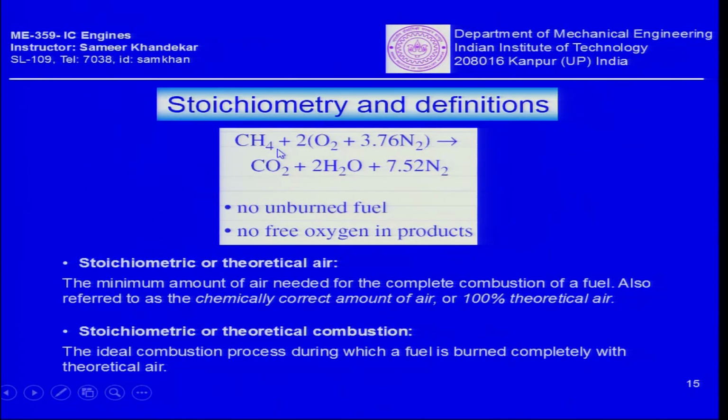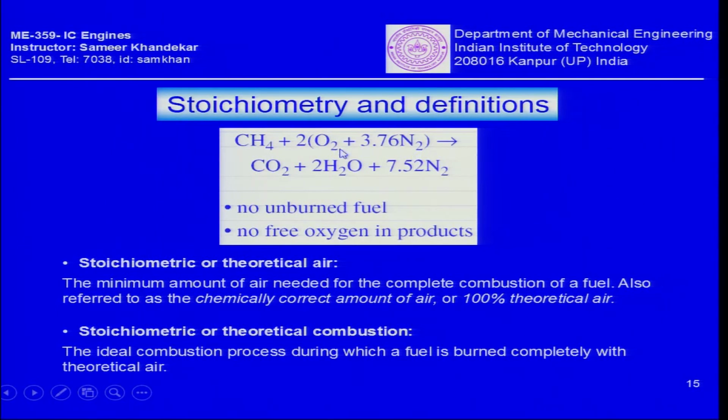If you balance the equation on both sides, you will get 2 moles of water, so 2 H2O. To balance the equation, you need 2 multiplied by 1 mole of oxygen and 3.76 moles of nitrogen. So for every 2 moles of oxygen, you will get 7.52 moles of nitrogen as part of the mixture of air. Okay. So this is air.